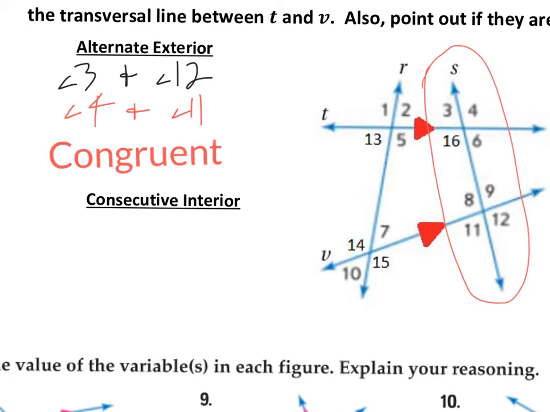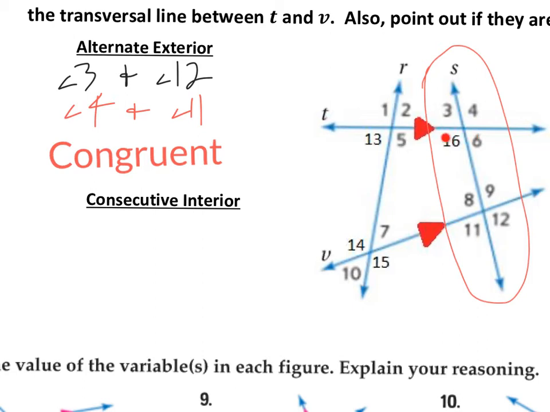Just to further remind you, alternate exterior angles are congruent whether they're in this example or the other example. Just by definition, if they're alternate exterior angles between parallel lines, then they're congruent. I do want to point out that if you add together the measures of the black angles and the measures of the red angles, you get 180. Meaning, if I add together 3 and 4, these form a linear pair, so that adds to 180.